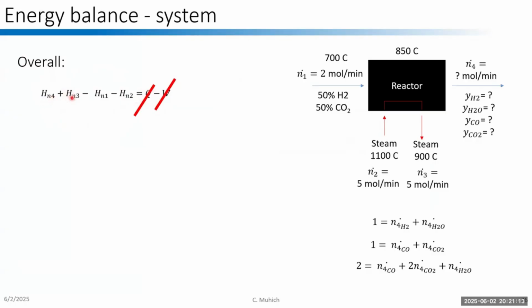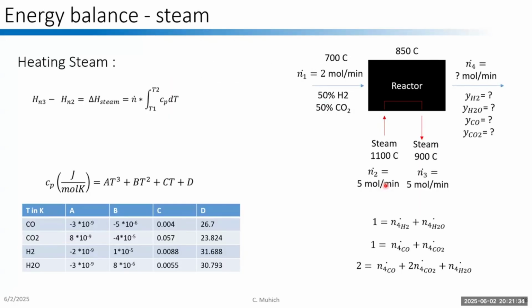I know that I have this 2 and 3. I'm going to just start out by looking at 2 and 3 because that's going to be the easiest piece, right? I know the most information about that. I know how many moles there are, and I know what the temperature change is. So let's see if we can look at that steam system, right?